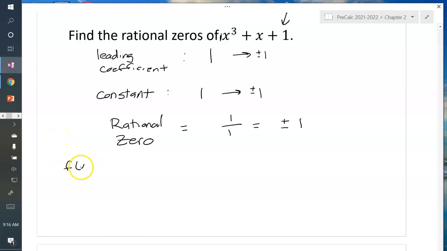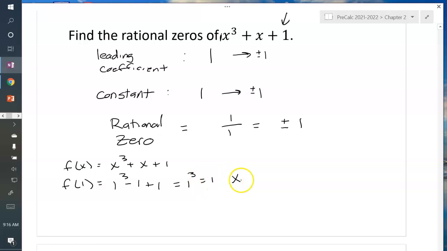So f of x equals x cubed plus x plus 1. And let's see what happens when you put in 1 as your 0. So f of 1, x cubed, which is 1. So 1 cubed minus 1 plus 1. I get a 1 cubed, which just equals 1.